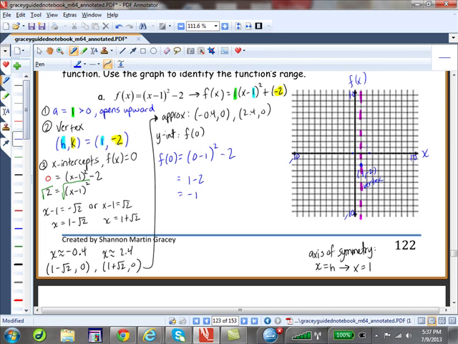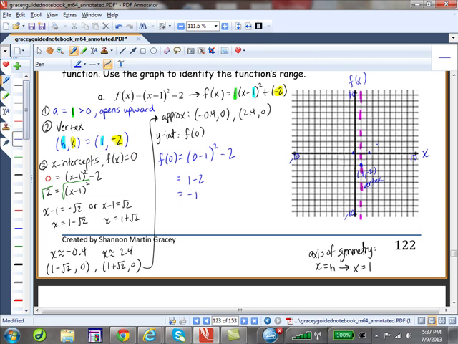And this one might be a little bit over. Now notice they're each 1.4 away from our axis of symmetry. And we have our y-intercept.